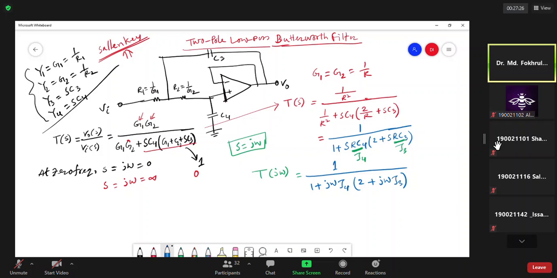Now in the denominator, if we separate real and imaginary parts, it will look like this: the top is 1 and the bottom is 1 minus omega square tau 3 tau 4 plus j twice omega tau 4.